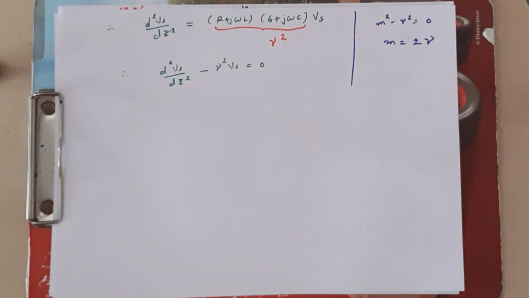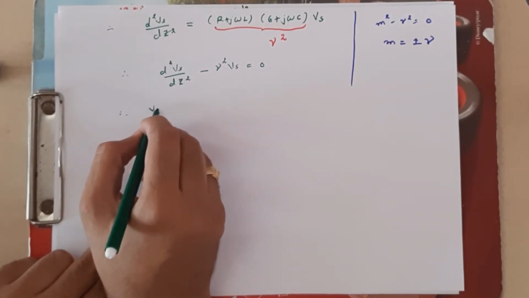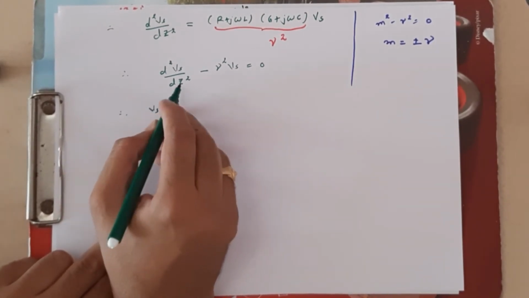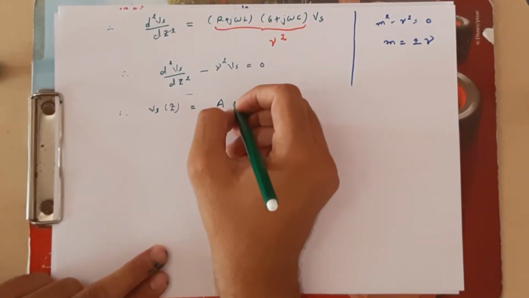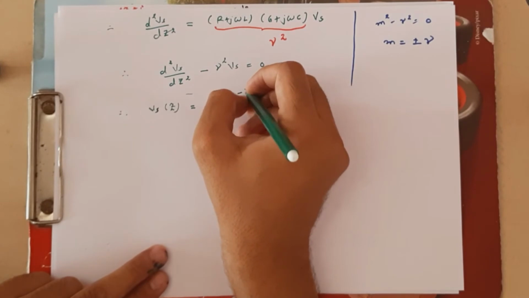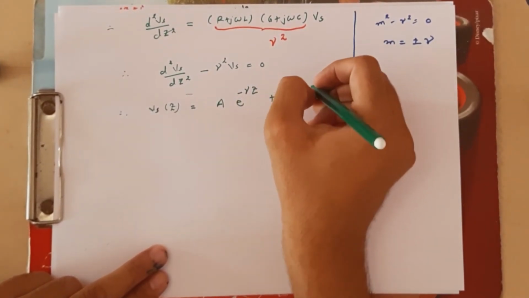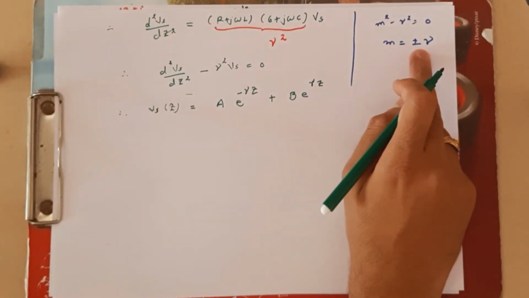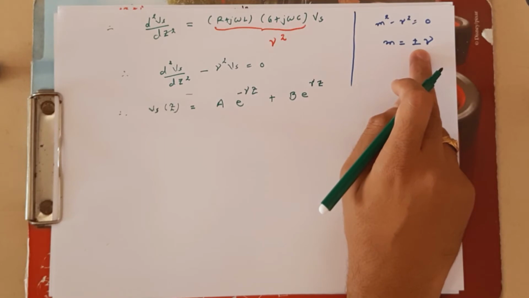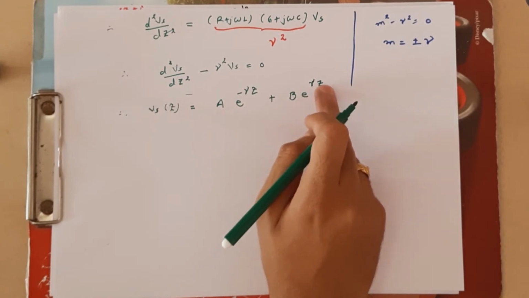So Vs of Z, because I take the differentiation with respect to Z, equals a constant times e raised to minus gamma Z plus B times e raised to plus gamma Z, because it has two solutions, plus and minus. Which solution is valid, e raised to minus gamma Z or e raised to plus gamma Z?